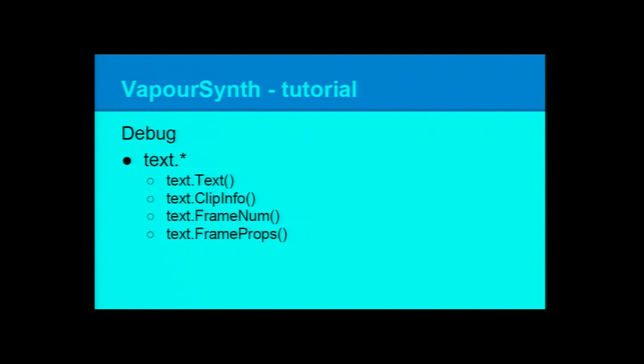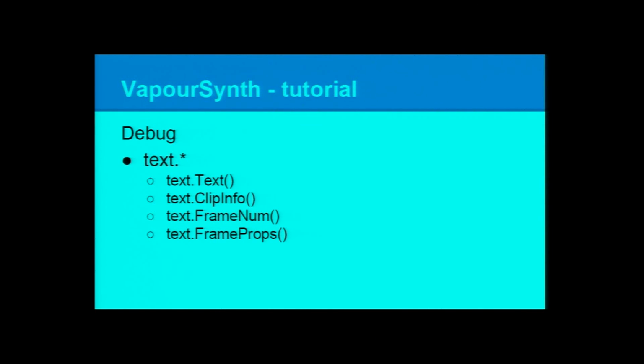So if you want to do some debugging, such as printing something, VapourSynth offers some functions in the text module, like text.ClipInfo, text.FrameNum, and text.FrameProps.